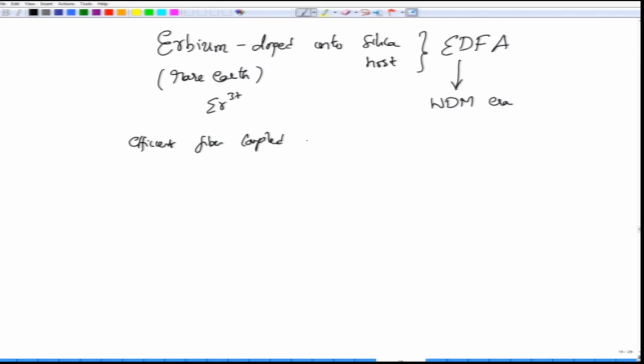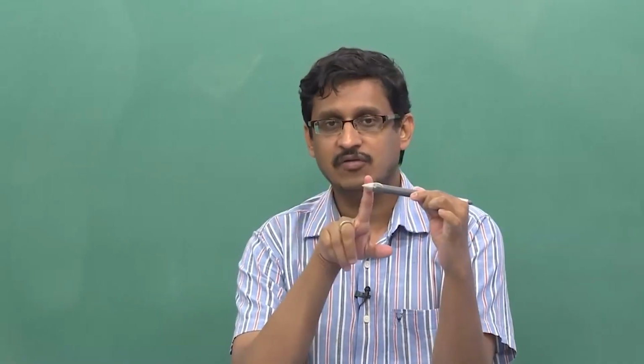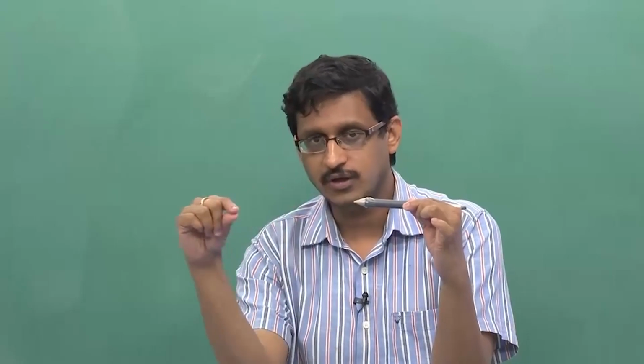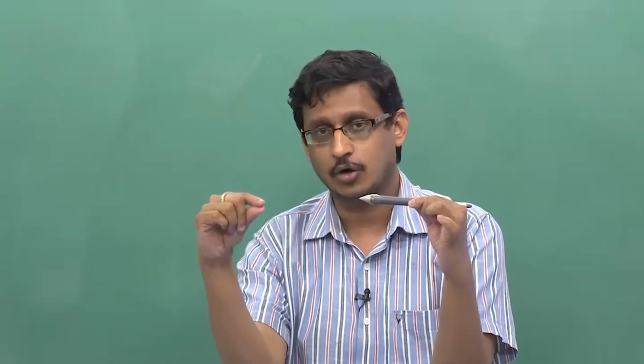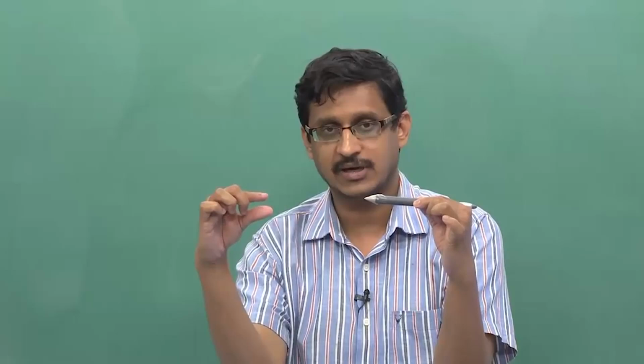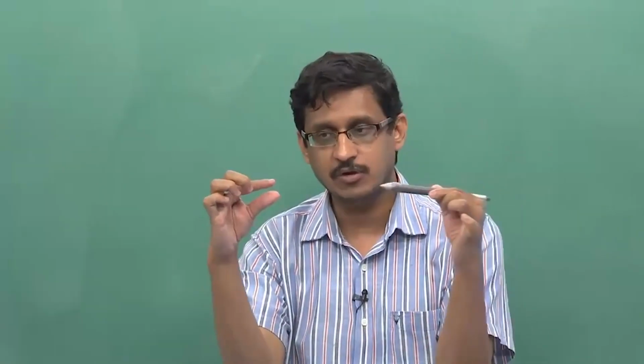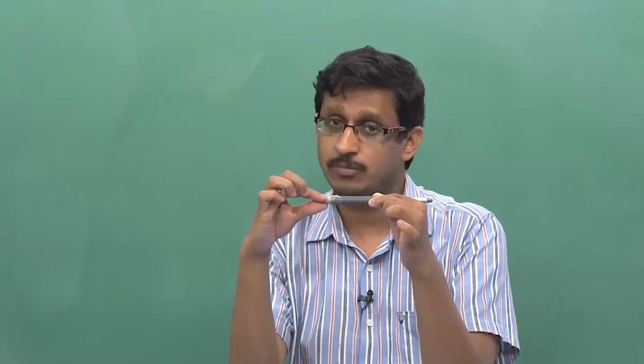So, you did not have to take the fiber input coming from the transmission fiber and convert it into a free space version in order to launch it onto the optical amplifier, the semiconductor optical amplifier, because a semiconductor optical amplifier is a waveguide. So, you have a fiber and you have a waveguide. From fiber to waveguide, if you want to couple, there are going to be losses.